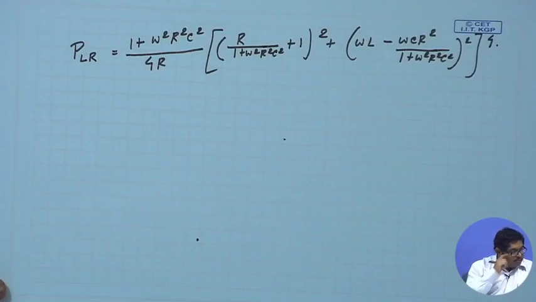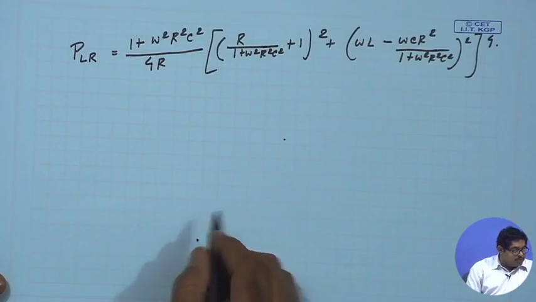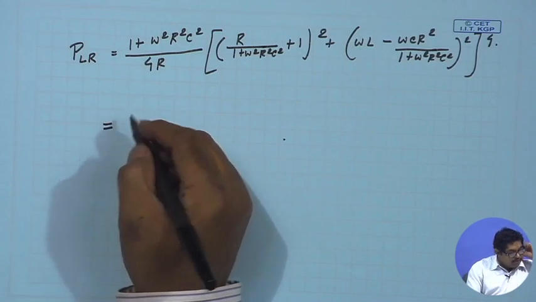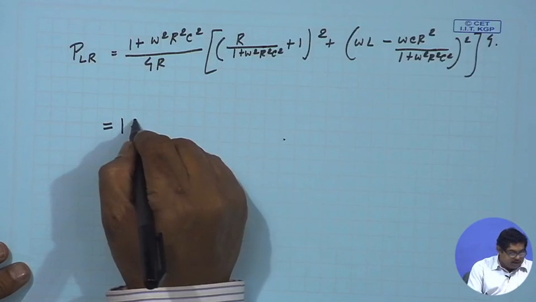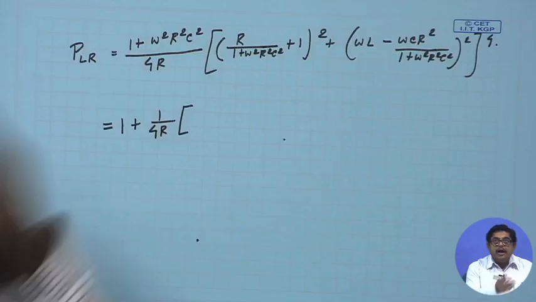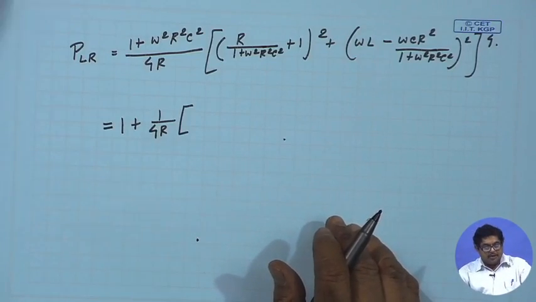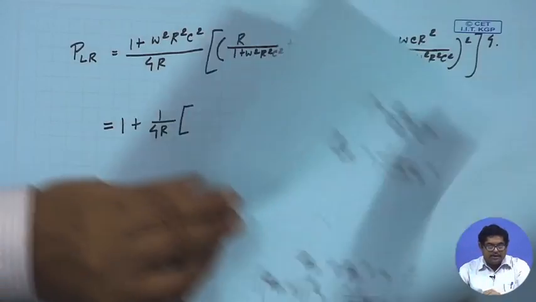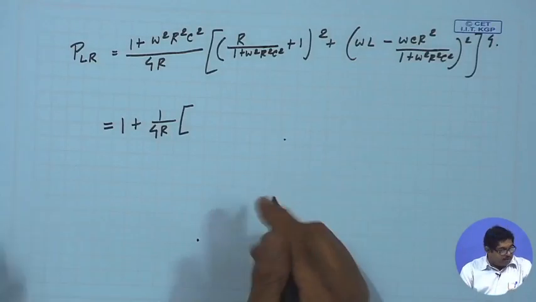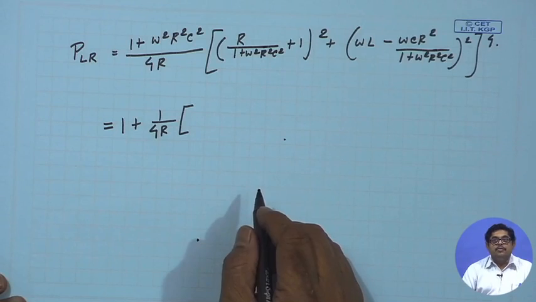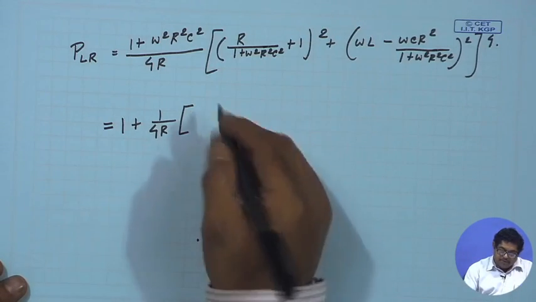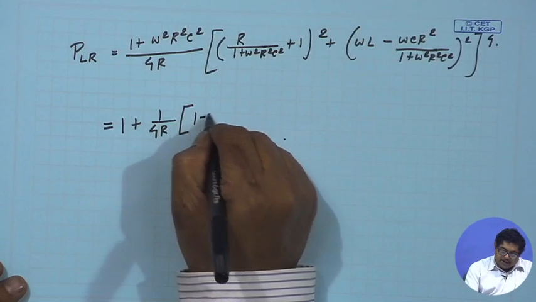Now, this we can simplify a little bit, because ultimately my actual PLR, the Butterworth PLR, is 1 plus omega 4th. So let me write it in terms of omega square, omega 4th and omega independent terms. If we do that, you will get it like this.